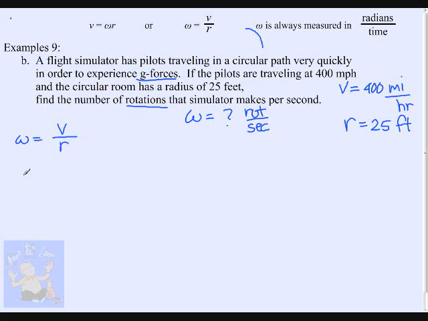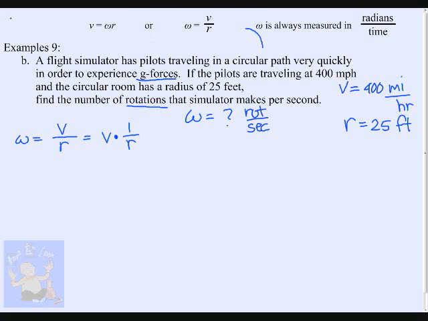I'm going to have to figure out what the units are going to be. I'd prefer to look at it this way. That's the same as v times 1 over r. And then I can look at my units first. Let's do a units analysis.